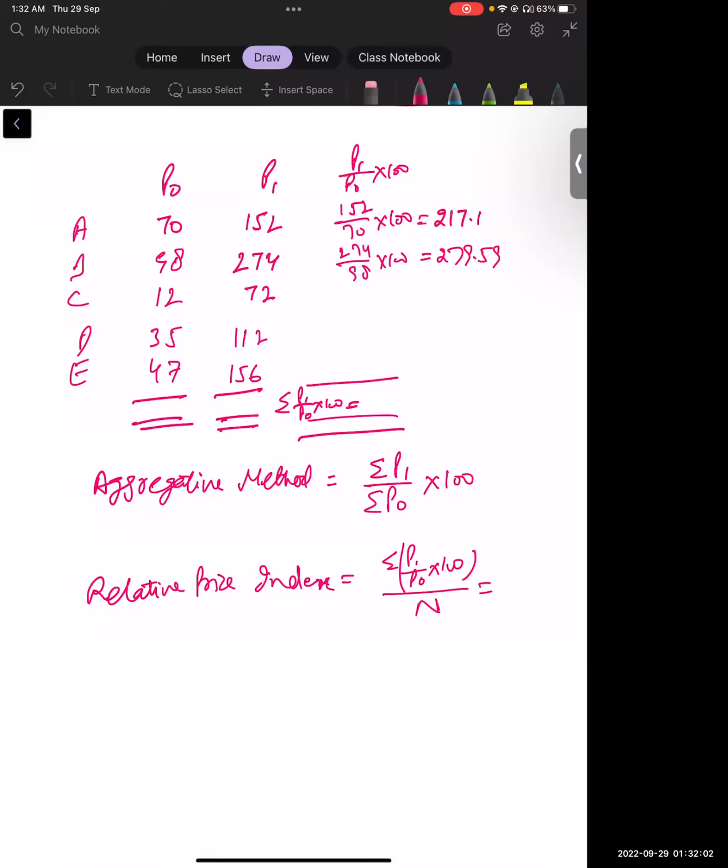What about this? It will be 600. Oh, yeah, 600. The third one is 135 upon 35. 320. That is 320, right? 156 divided by 47. 331.9. Yeah. Okay.